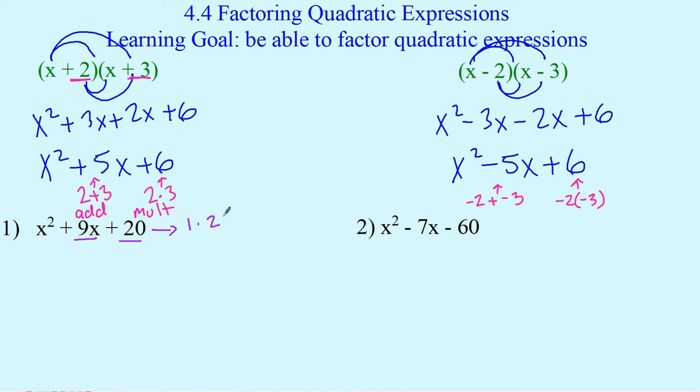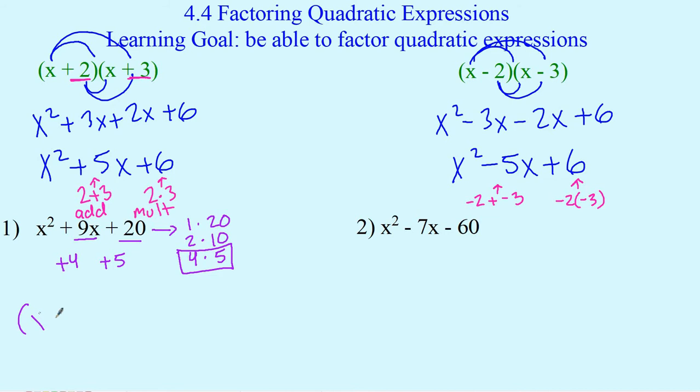We have 1 times 20. I always go in order. So 2 times 10, 3, there's no 3, 4 times 5, and then I'm done, because your numbers start to repeat themselves. Here I look for two of these numbers that must add up to 9. The only way I'm going to get 9 is using positive 4 and positive 5.